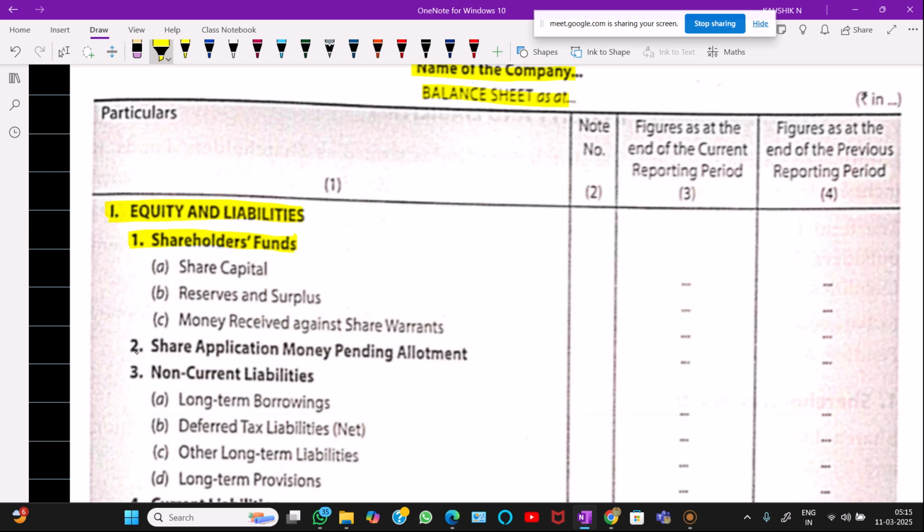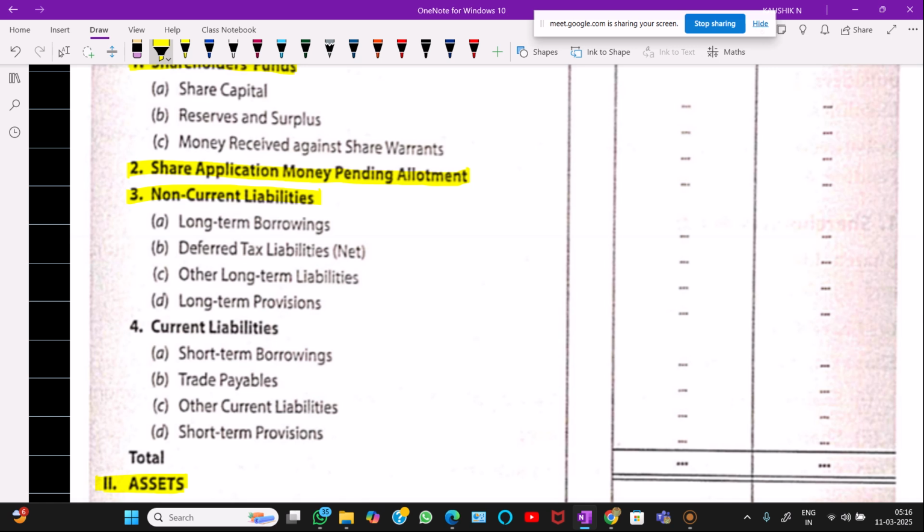The share application money pending allotment will not be considered a major head, but still it has to be understood as a head. Then your non-current liabilities, and finally your current liabilities. All these items which I have highlighted in yellow are major heads.